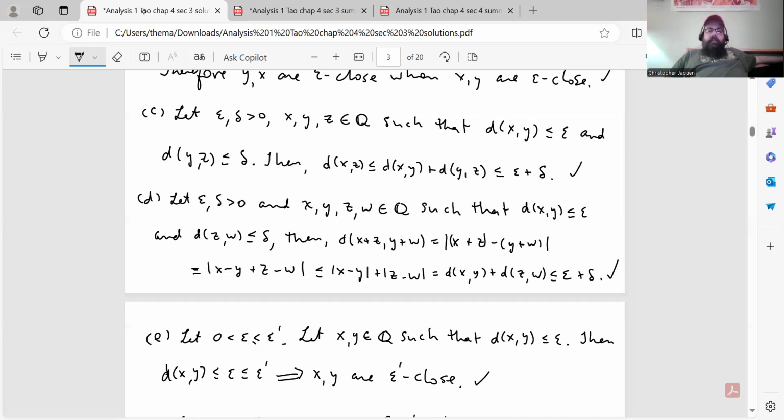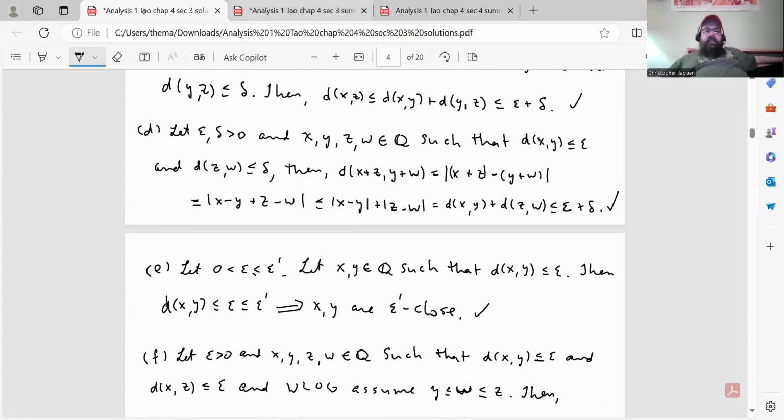Then the distance between x and z is less than or equal to the distance between x and y plus the distance between y and z, which is less than or equal to epsilon plus delta, and that shows that x and z are epsilon plus delta close.